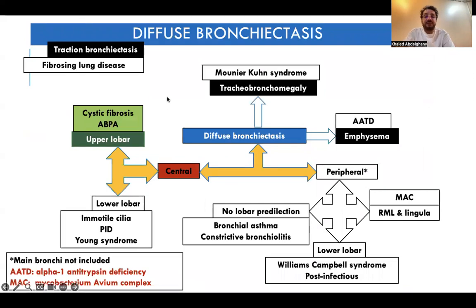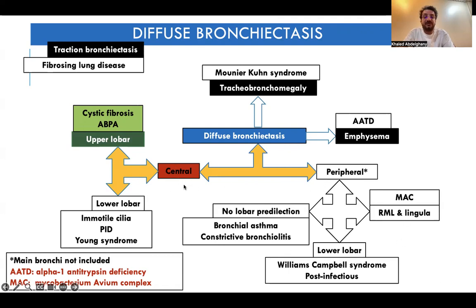So, according to the flow chart I posted before on Twitter, and I have a series of video lectures talking about the differential diagnosis of diffuse bronchiectasis, when we reach that the diffuse bronchiectasis is not traction bronchiectasis, not due to fibrosing lung disease, and there is no characteristic tracheobronchomegaly or emphysema in the lower lobes, we will judge the predominance of the findings in the upper or lower lobes.